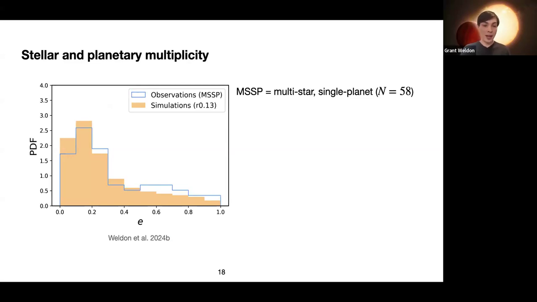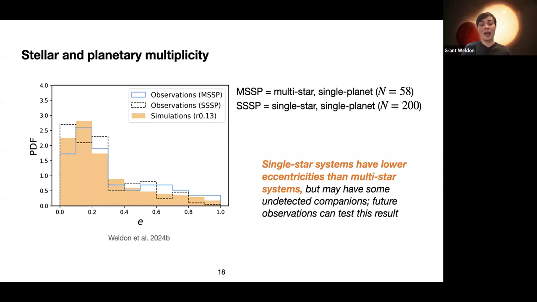But not every planet is in a stellar binary. Some planets orbit just a single star and they don't have a companion. And in those systems, we should expect to see lower eccentricities on average because they don't have a companion star to be exciting EKL oscillations. And indeed, we see that trend. The single star, single planet sample has more systems at lower eccentricity and fewer systems at higher eccentricity.